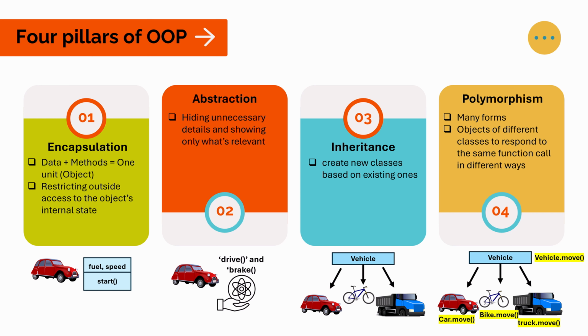The next important principle is inheritance, and it is all about creating new classes based on existing ones. For example, we may have a common behavior that can be reused in other classes or objects. As a human, we can be a student, teacher, or employee. All of these 3 classes share some common characteristics of a human.